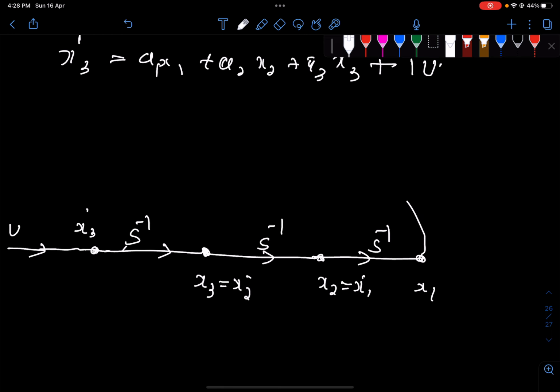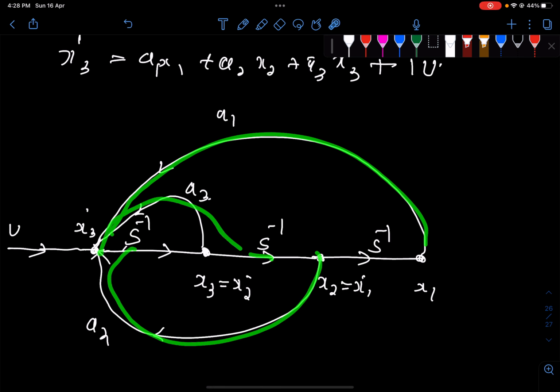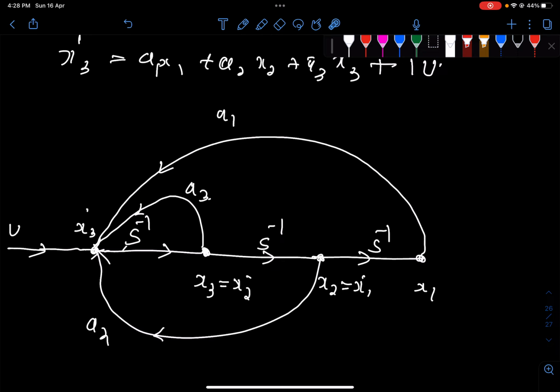From x1 you take one gain, that is a1. From x2 you take another, that is a2, and from x3 you take another, that is a3. Is it clear for you?